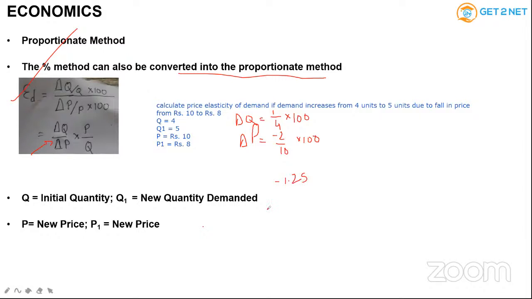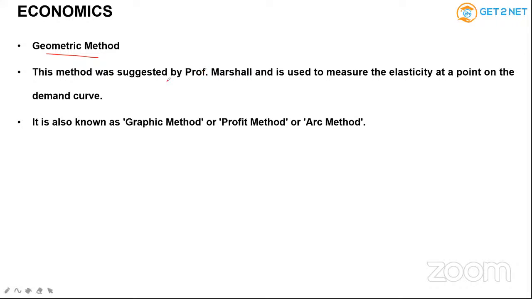Let's move to the next method. 5. This is your geometric method. This method was suggested by Professor Marshall and it is used to measure the elasticity at a point on the demand curve. आपको demand curve ऐसे दिया गया होगा.